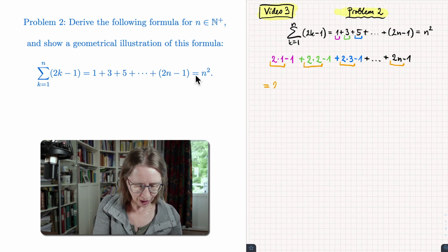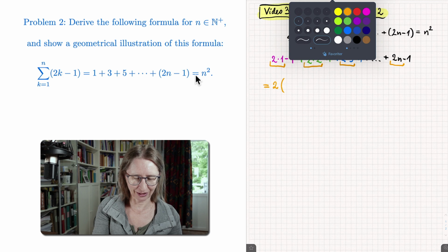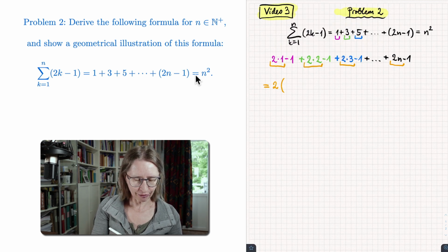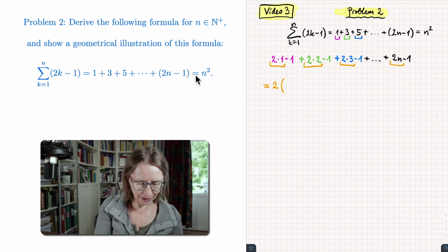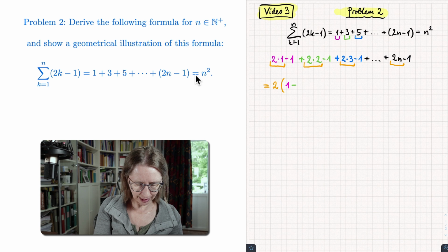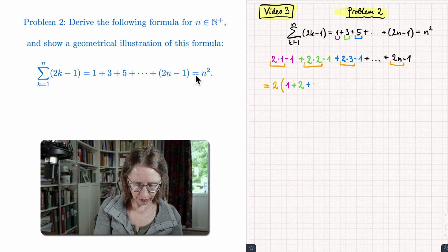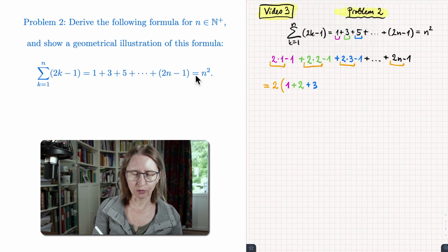So when I factor out 2, I will get from my first term 1, then from the second one I will get 2, from the next one I will get 3. You see what is happening, right?